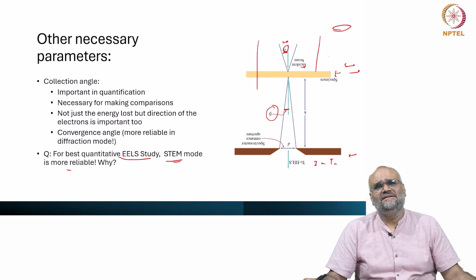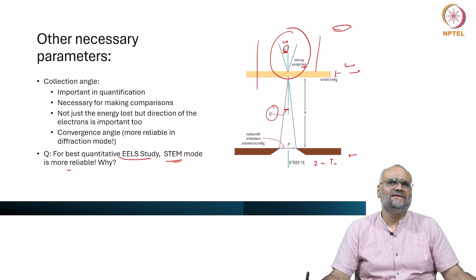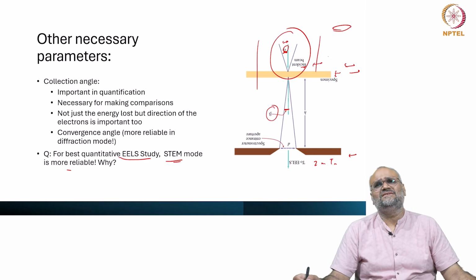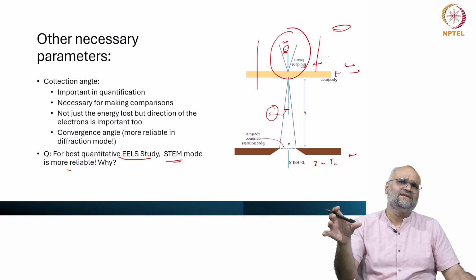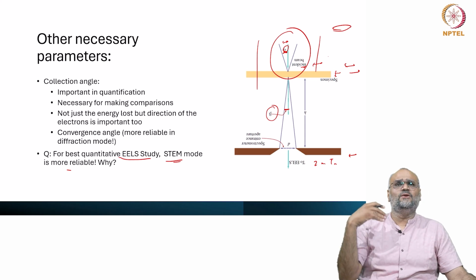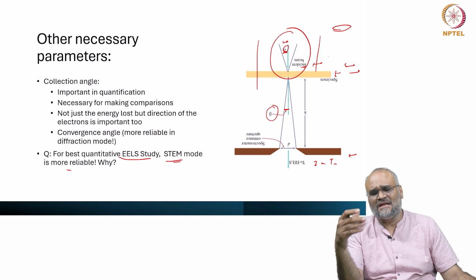When I have STEM imaging and when I make a probe, at least my illumination parameters are consistent and fixed. If I am imaging in conventional TEM mode, there is no guarantee that I can have exactly the same illumination parameters for two different regions within the same specimen, or once I remove the specimen and load it again, that I get the same kind of beam currents.